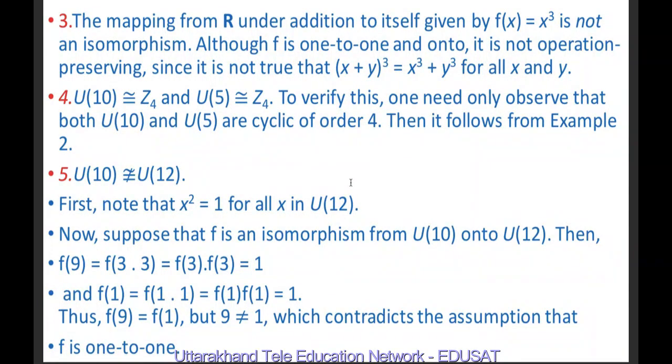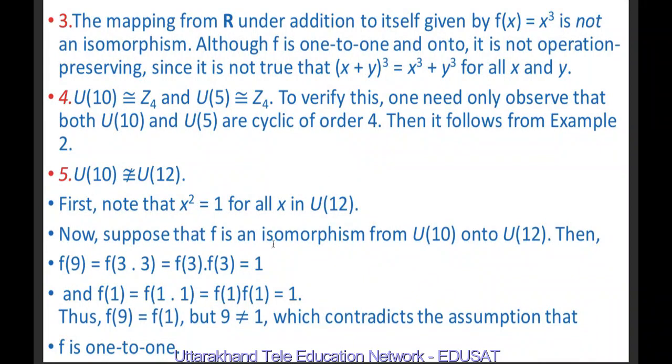Again for 11, 11 elevens are 121, and if we divide it by 12, the remainder is 1. So x star x is always equal to 1 for all x in U12. So I have written x square equal to 1 for all x in U12. Always take care of operations under multiplication with respect to a group.